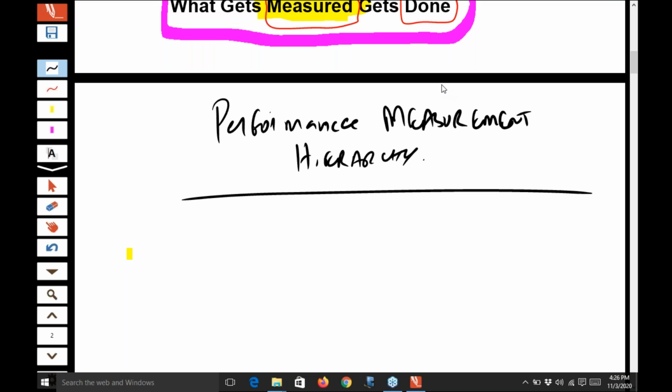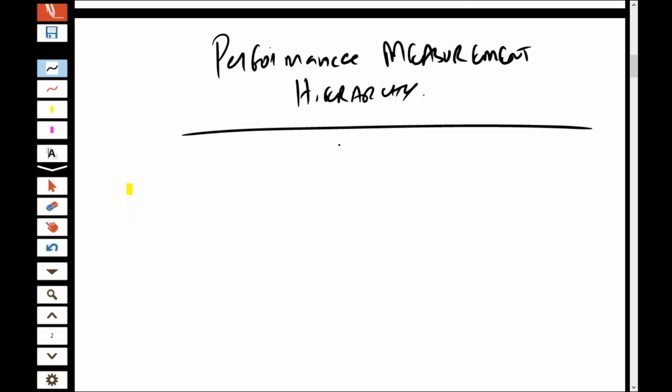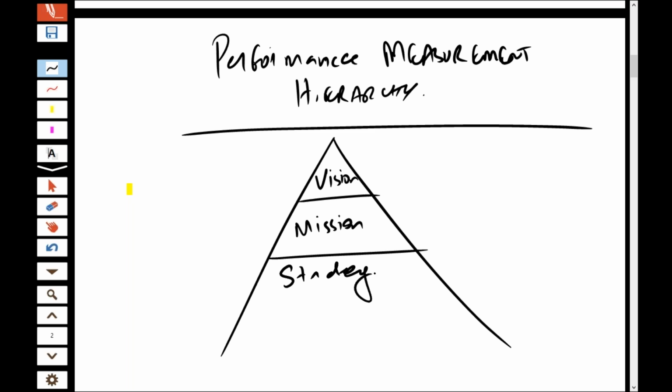First of all, you need to understand how an organization operates. If you look at any specific organization, you would find that at the top of the organization is its vision. Then you've got the mission statement. After the mission, the third thing is the strategy. Then come the goals and the objectives.